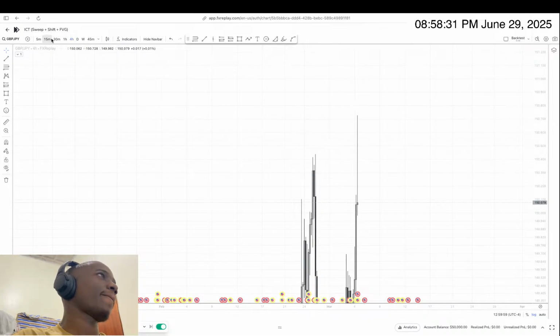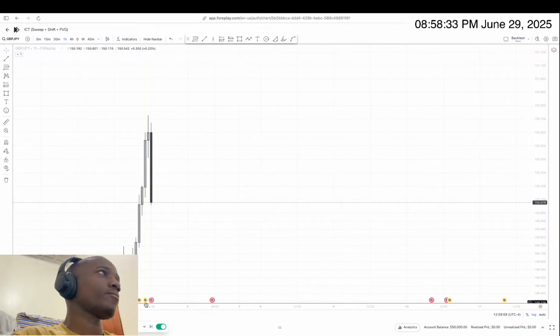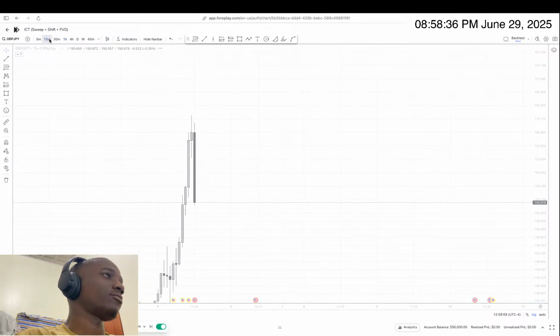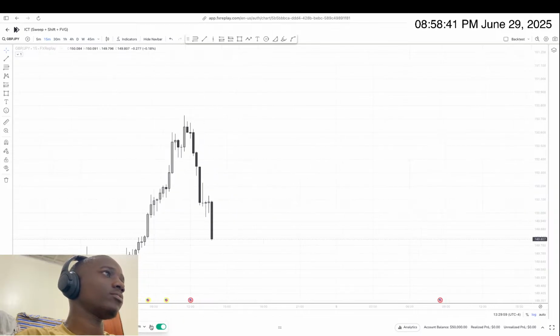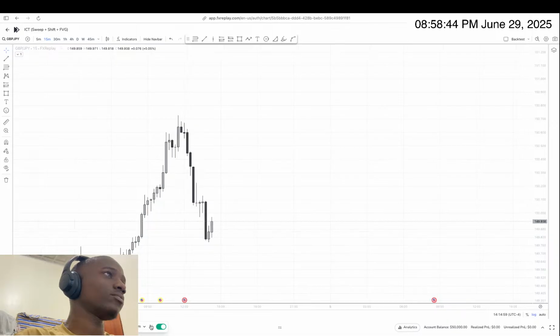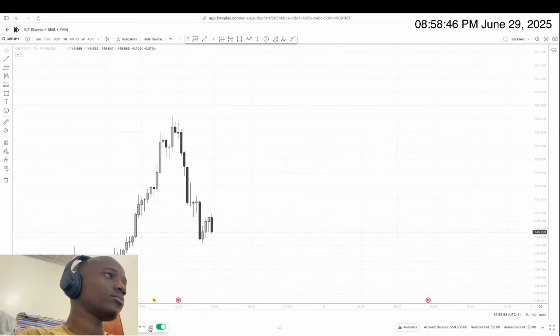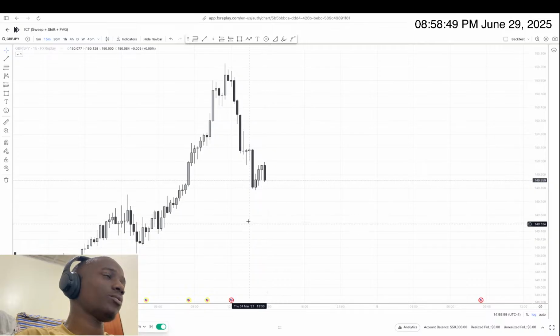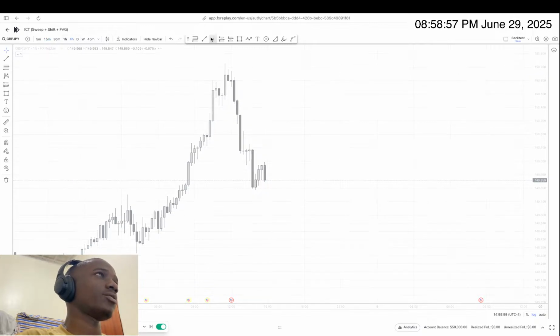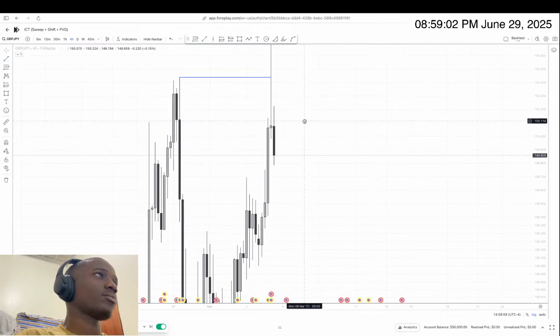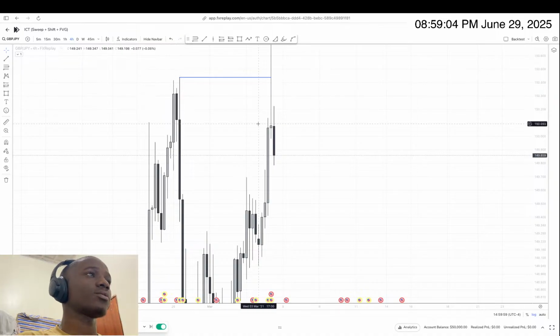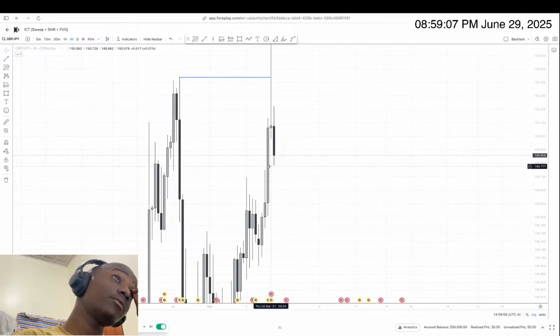Took out this high. 1 hour didn't create any kind of low. So the next stop would obviously be this low. The reason I'm saying this, on the 4-hour low, you can see we have really random stops. So we are in a 4-hour fair value gap.